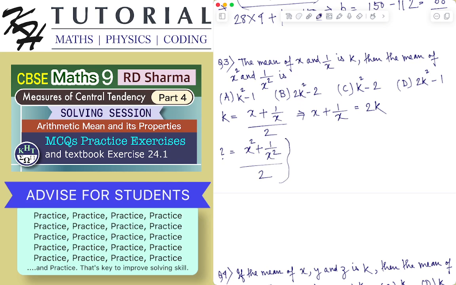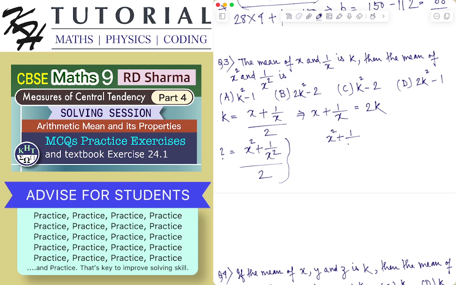Now you can see x square plus 1 by x square is in the form of a square plus b square, where a is x and b is 1 by x. Now your concept of algebraic expressions and identities will come into play. If you have good understanding of that chapter, you should be able to solve this problem in a couple of seconds.